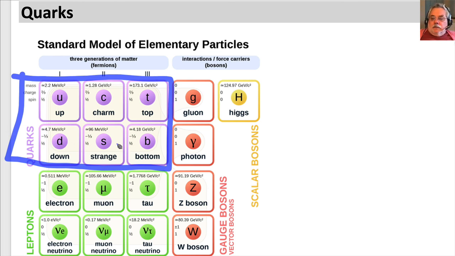The 6 particles are the 6 flavors of quark. All 6 are spin 1/2 fermions. All 6 are attracted to one another via the strong nuclear force mediated by gluons.